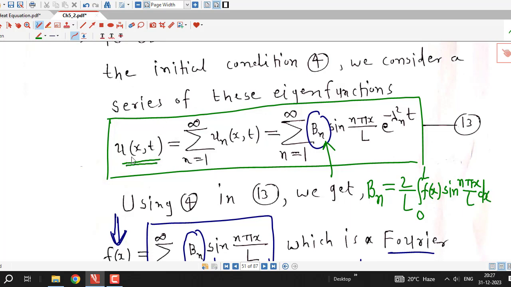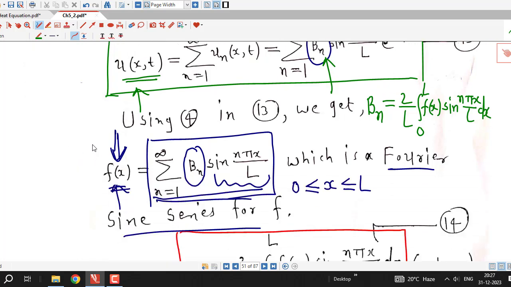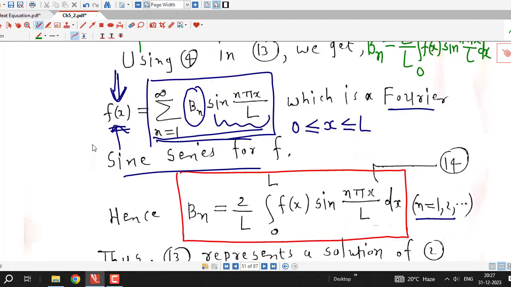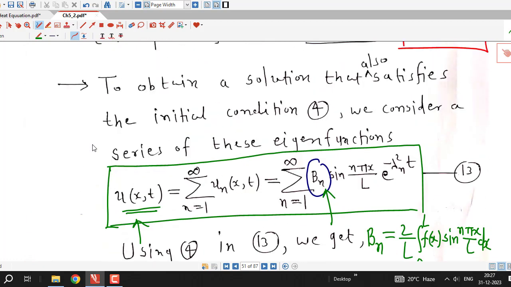So remember this solution for the heat equation in the first case, in which we have taken the boundary conditions as that the temperature is 0 at both the ends of the given metal bar or metal rod. We will not always apply the method of separation of variables to obtain this expression.